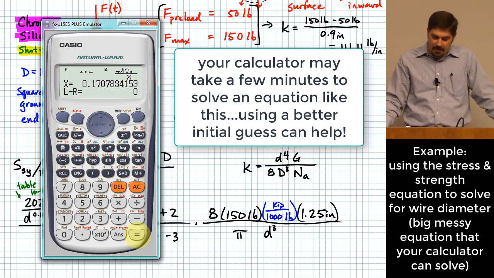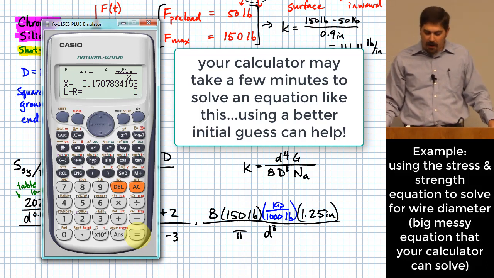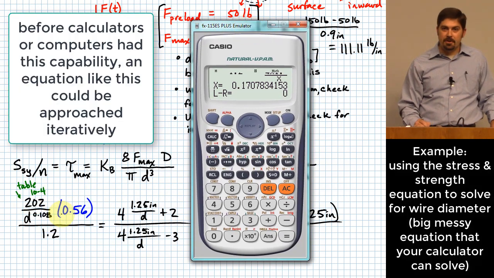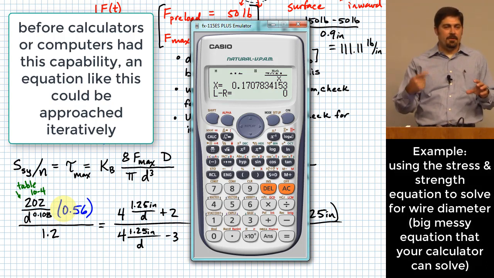The other way that, before the days of having a nice calculator like this, it wouldn't have been uncommon for someone to make a guess for the wire diameter with respect to finding something like the strength of the material, and just plug in a strength of material, come up with the wire diameter, and then do an iterative technique from there.